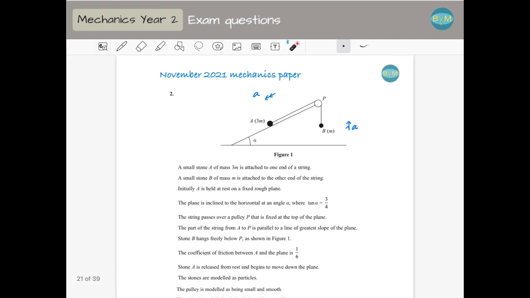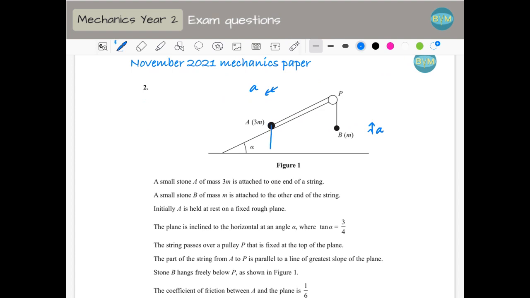So for A, if we draw all the forces that we have, the weight, which is 3mg. We have the tension of the rope pointing up, the friction, because they say it is rough, and the normal reaction perpendicular. And I don't have anything else.